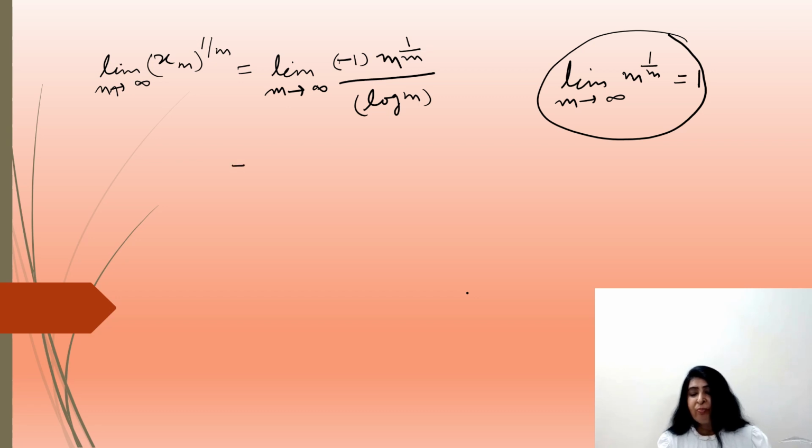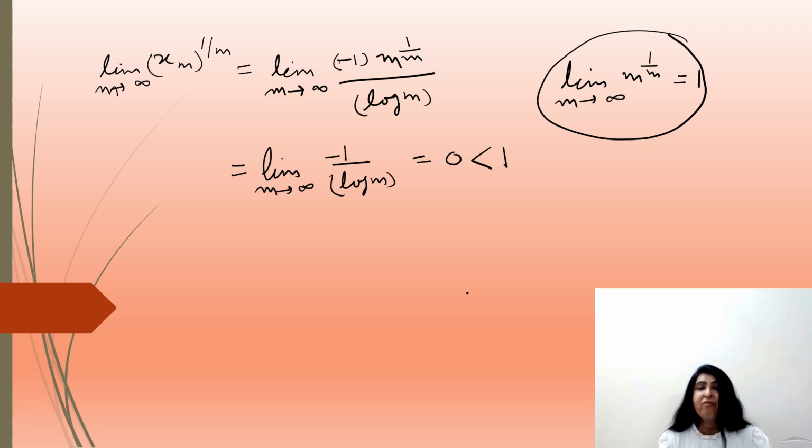The limit as m approaches infinity of 1 by minus 1 by log m, and when we substitute the limit we will get 1 by infinity, which is equal to 0. Now as 0 is less than 1, by Cauchy root test this series is convergent. This implies sigma An is convergent.